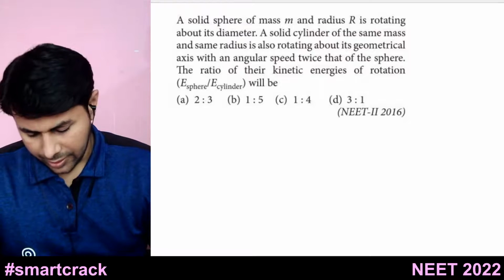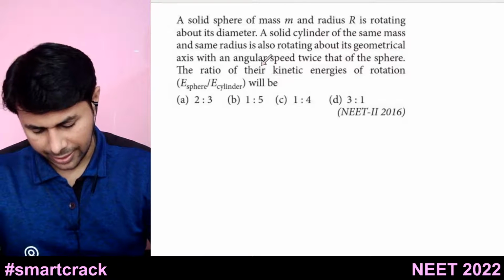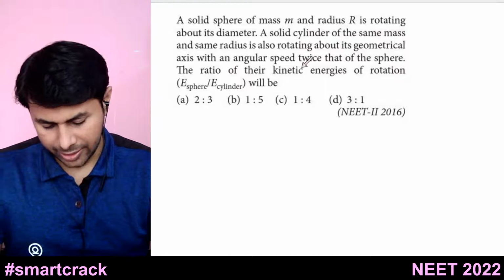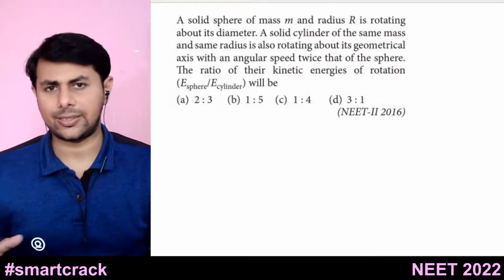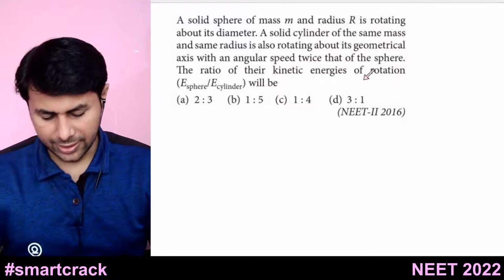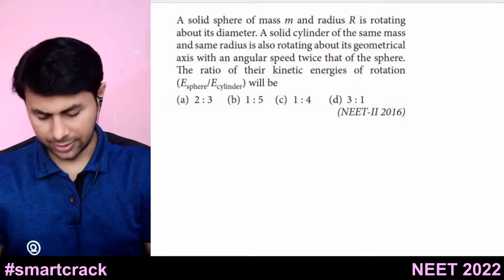The cylinder has an angular speed twice as that of the sphere. So angular speed of the cylinder is 2 times that of the sphere. We want to find the ratio of their kinetic energies.